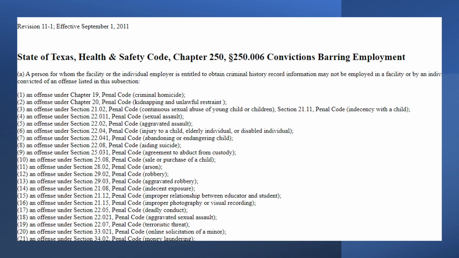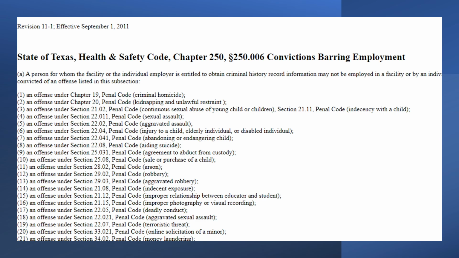If they have a conviction in Penal Code Chapter 19, criminal homicide, an offense under Chapter 20, kidnapping and unlawful restraint, an offense under Section 21.02, continuous sexual abuse of young child or children. So it goes on and on. Aggravated assault, injury to a child, and it tells you which penal code it's under.